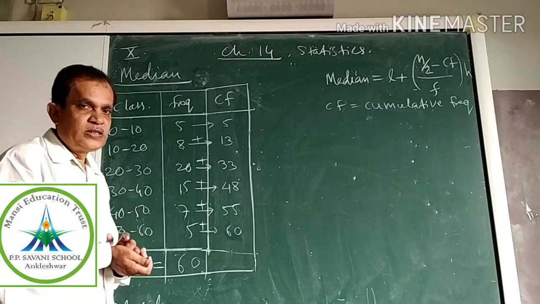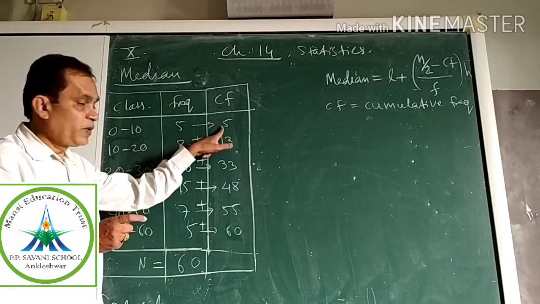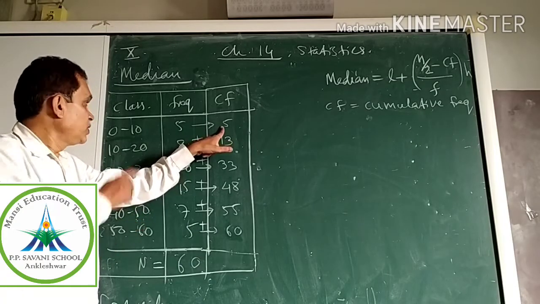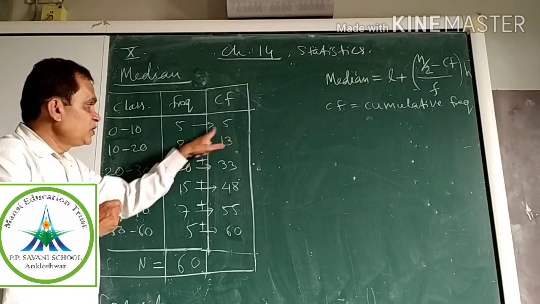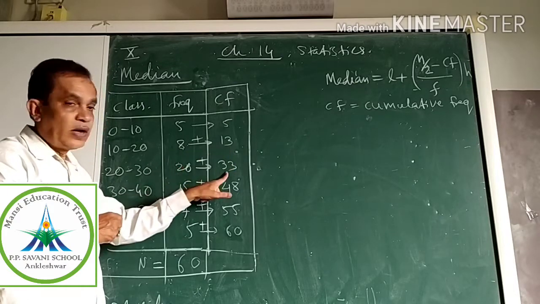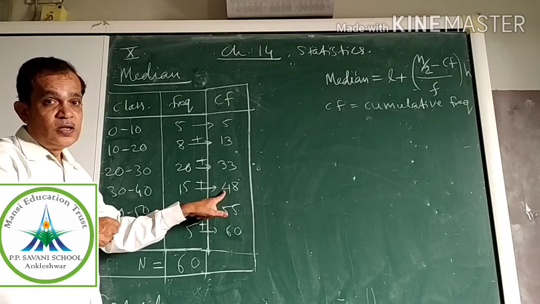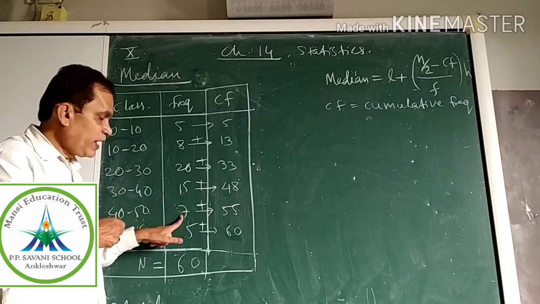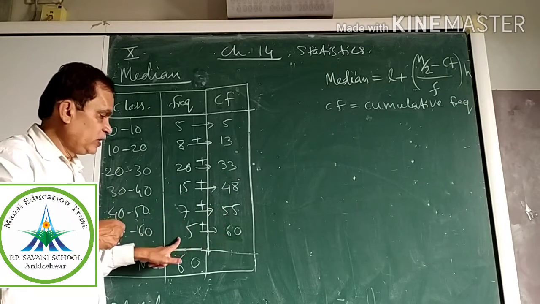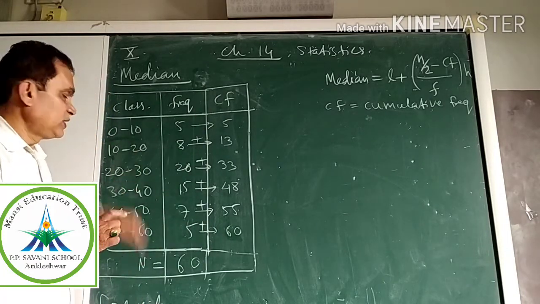Did you understand, students, how to make CF? Very simple. Write the first frequency, add it to the next to get a total, add this total to the next, again a new total, and so on. You made the CF of the classes.